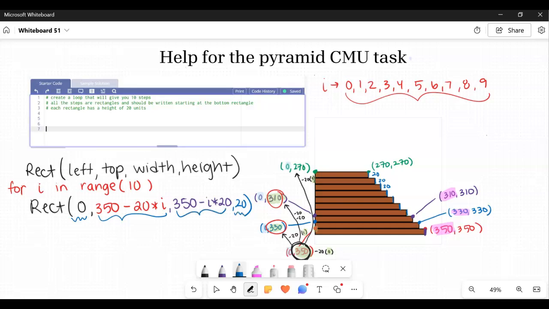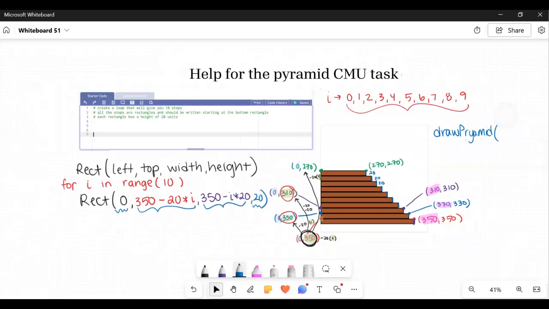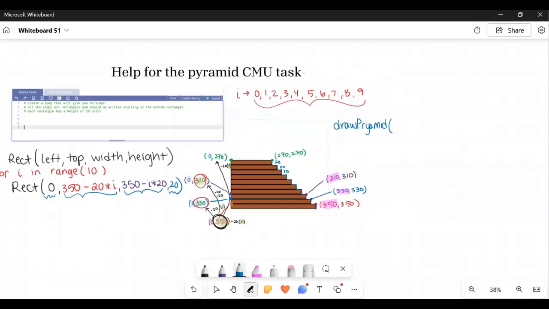This is very similar to what you will be doing in the pyramid problem. The difference is that the height is not necessarily always 20. I can't remember exactly the function, draw pyramid or draw something. They will have a pre-made function for you where you're drawing a pyramid, and I believe they have block height as the parameter.